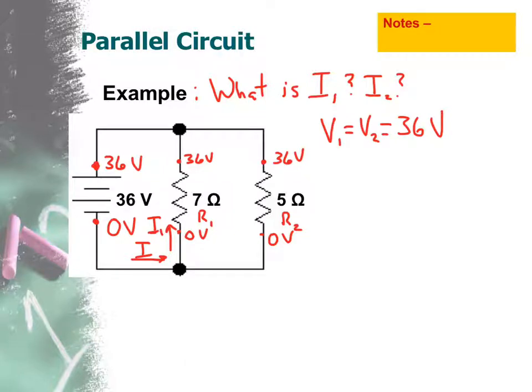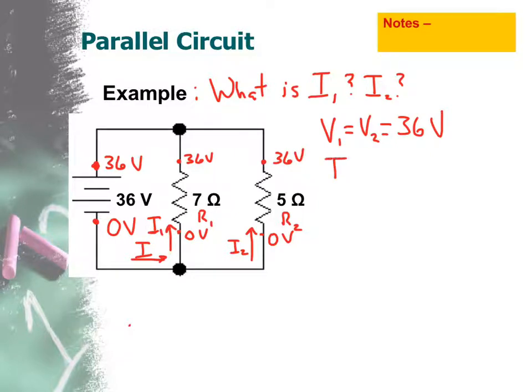And some of it goes over here and travels up through this resistor, and we'll call that current I2. Hopefully you can see that if we started off with I, you have I equals I1 plus I2.